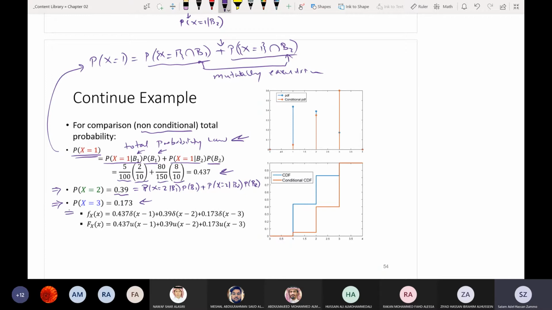So the non-conditional PDF, the PDF of x, is 3 deltas at x equal 1, x equal 2, and x equal 3.